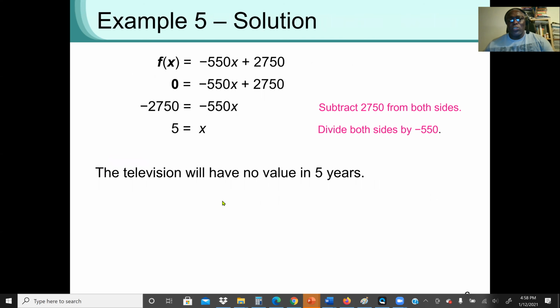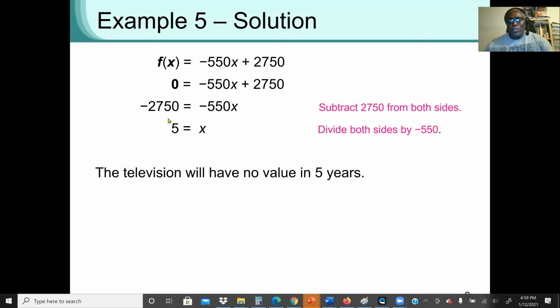So the equation will be 0 = -550x + 2750. Then we look for the value of x. So again, we have -550x. When it crosses the equal sign, it becomes positive 550x. Or we can take 2750 to the left side, which becomes negative.